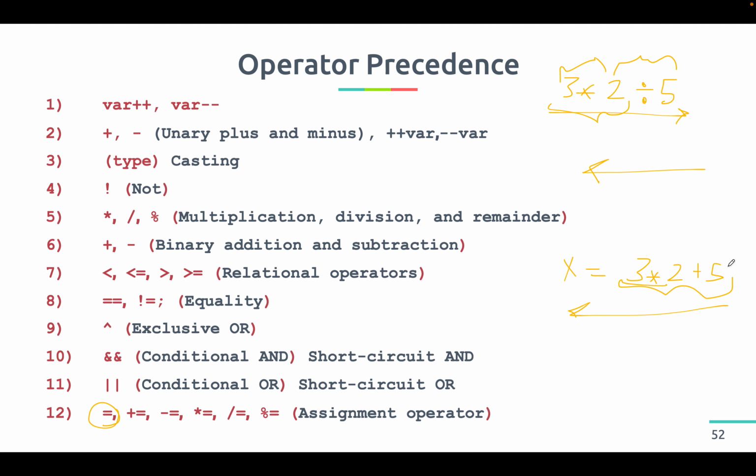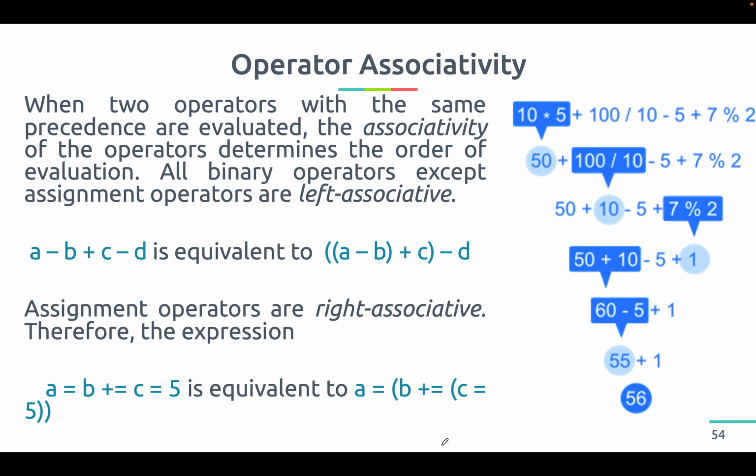So what that means is I have to execute whatever is in here, and then I assign it to the variable x. So here we're going from right to left instead of, as we've seen here, from left to right. So we have to be careful with that.